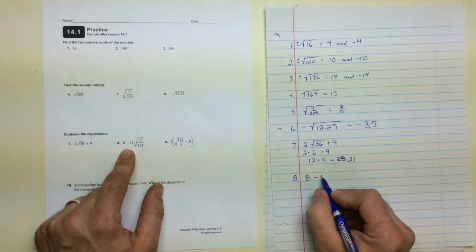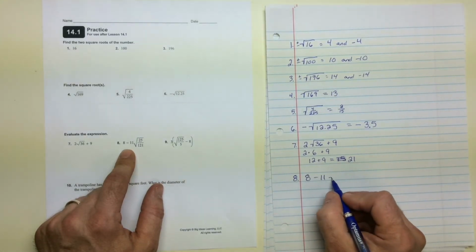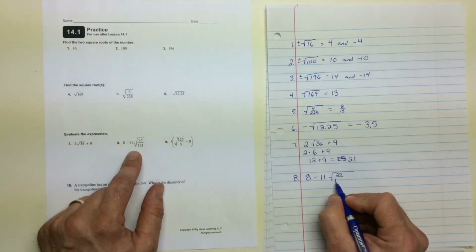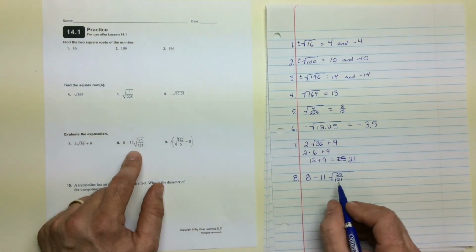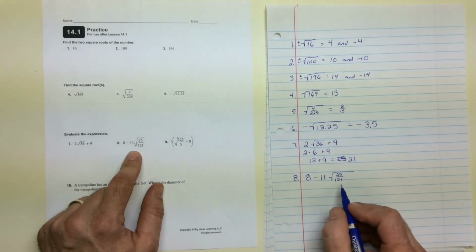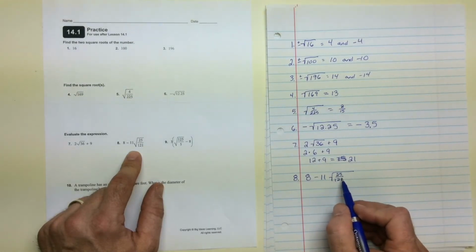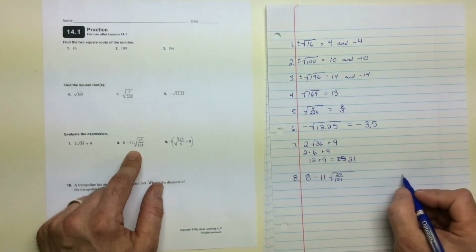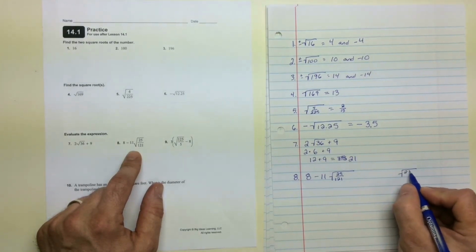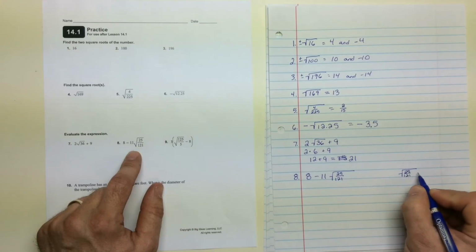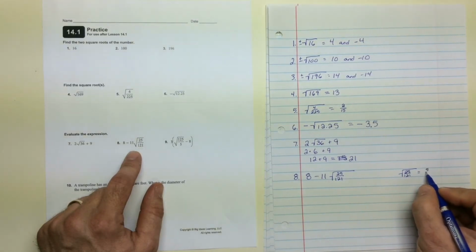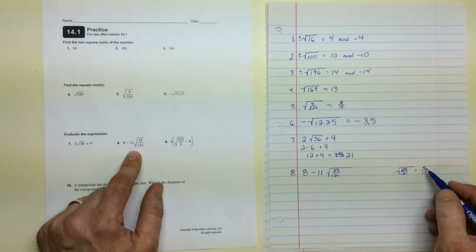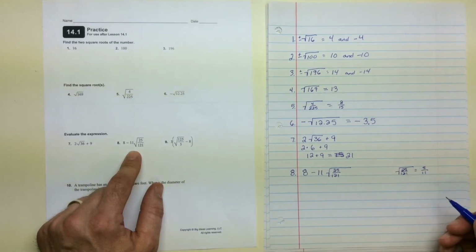8 minus 11 times the square root of 25 over 121. Well, I have to take care of this radical sign first. The square root of 25 over 121, well, I would have to have 5 on the top and 11 on the bottom. 5 elevenths times 5 elevenths would give me 25 over 121.